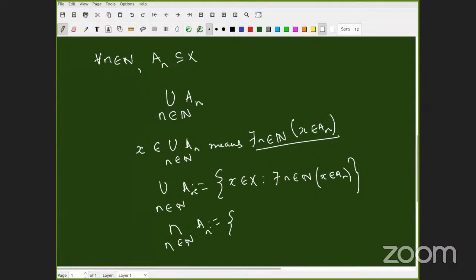Yes. Okay. Jasmine, you are not there. Okay, let's go to Epsiba. Sir, the intersection of An is equal to the set of x belongs to X for all n belongs to N, x belongs to An. Very good. So the condition is that X should be in each of the sets. Okay. Very good.